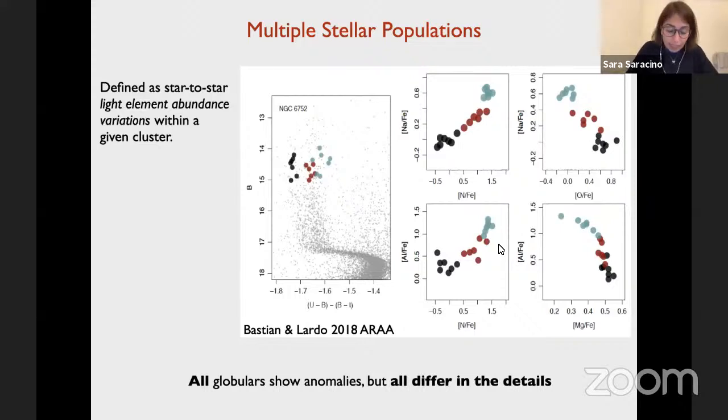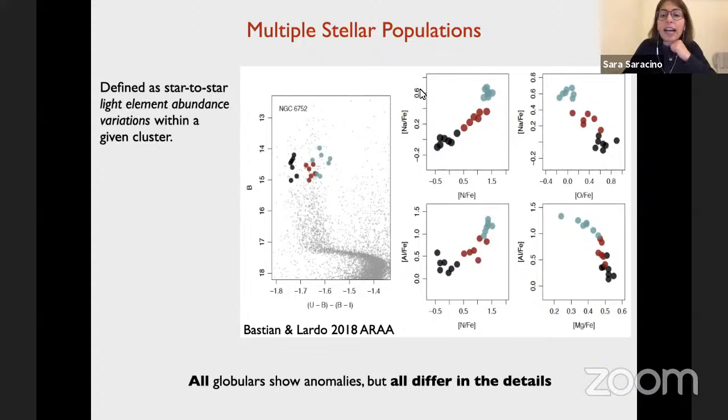So what does it mean? Multiple populations manifest themselves as star-to-star light element abundance variations among stars within the same cluster. Just to give you an example, this is the manifestation of multiple populations in specific colors, photometrically showing multiple sequences or a larger spread, where these are the normal stars and these are the so-called anomalous stars with these light element abundance variations.